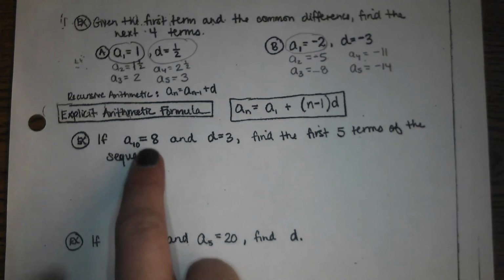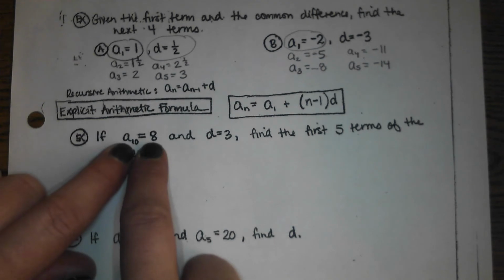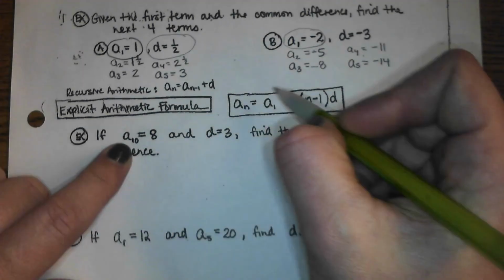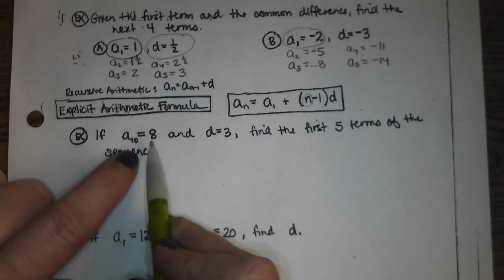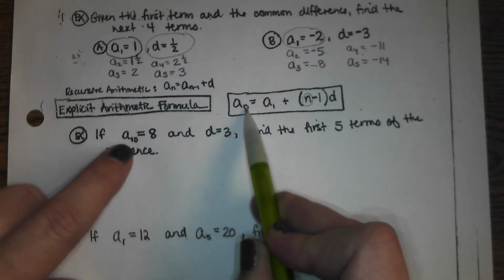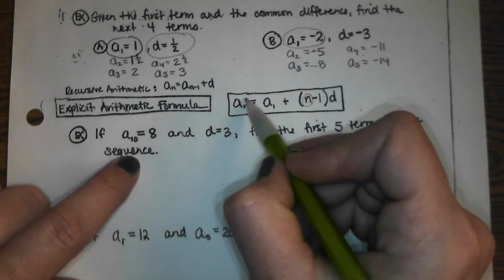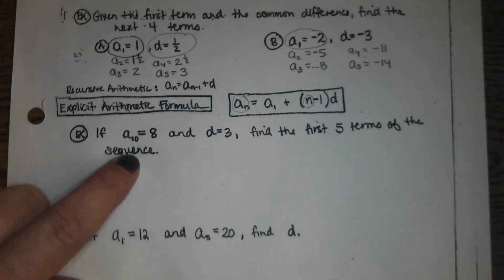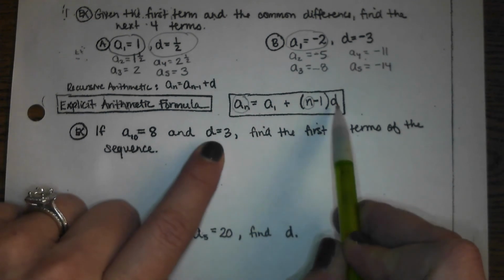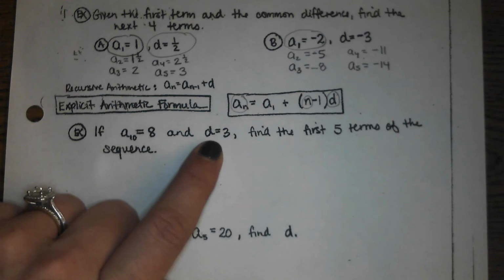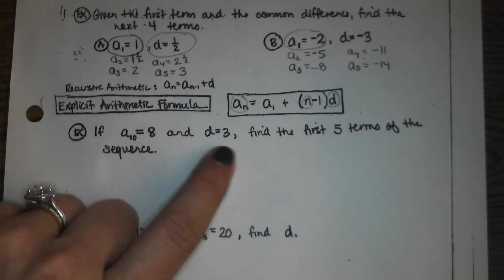So in this particular one, if a sub 10 equals 8, what's your n value? What term did they give us? 10. So n is 10. So that would go there. A sub 10 is 8. So this would say A sub 10, but we would replace it with 8. You follow that? The common difference is 3. And so what variable would we be left to figure out? The first term, right?